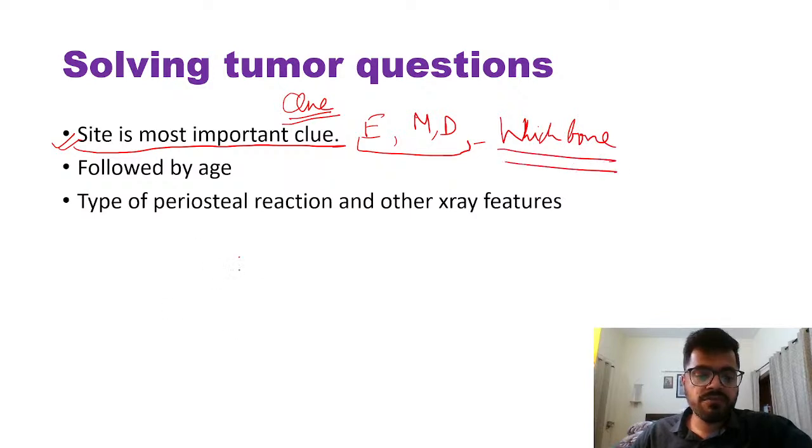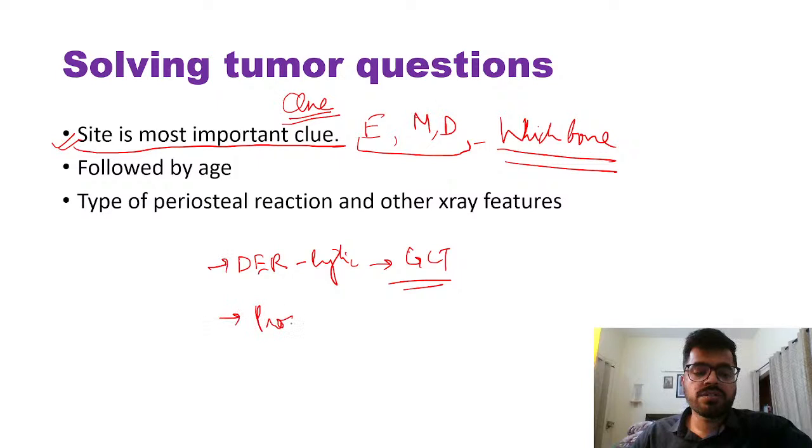For example, if they say distal radius lytic lesion, think of GCT. Always think of GCT. If they say proximal humerus epiphysis, think of chondroblastoma.